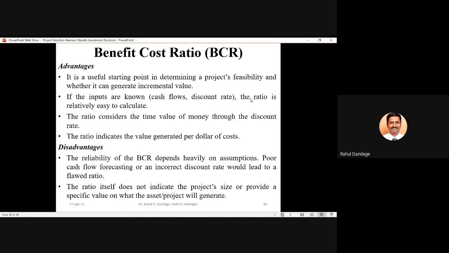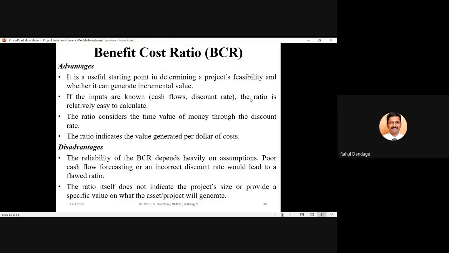Advantages of benefit cost ratio. It is a useful starting point in determining a project's feasibility and whether it can generate incremental value or not. If the inputs are known, that is the various cash flows, the discount rate, and the cost incurred, it is very easy to calculate this ratio. An important advantage is that this ratio takes into account the time value of money using the discount rate.